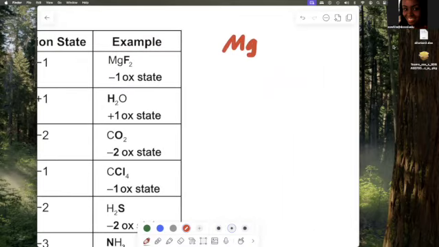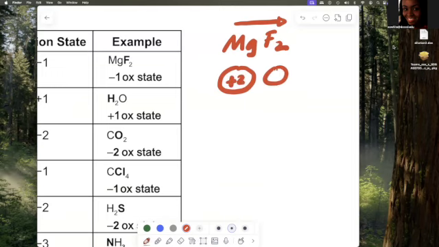So we got MgF2. Mg has a special rule. It's a group 2A metal, so we go from left to right. Then we have one magnesium that has to be +2, and we have 2 fluorines, right? Our overall is 0, so that means each fluorine has to have -1.